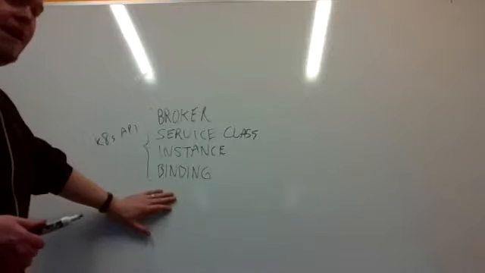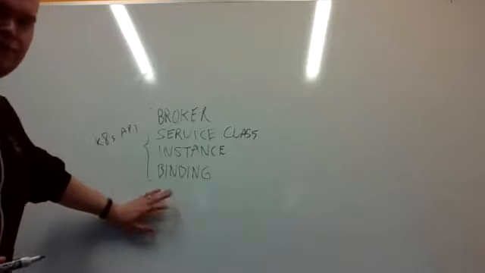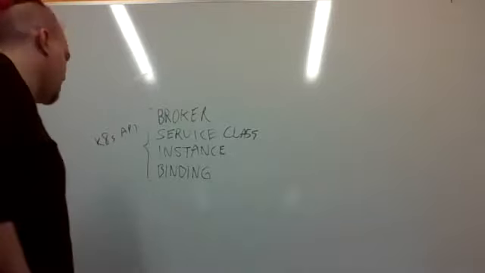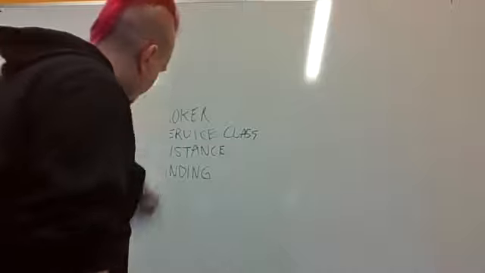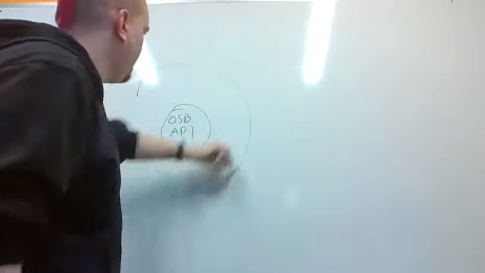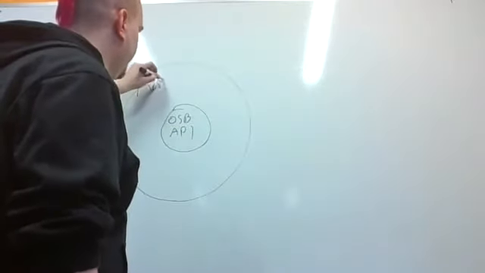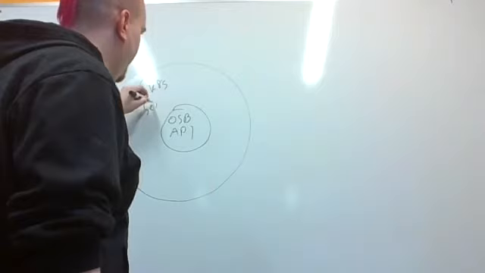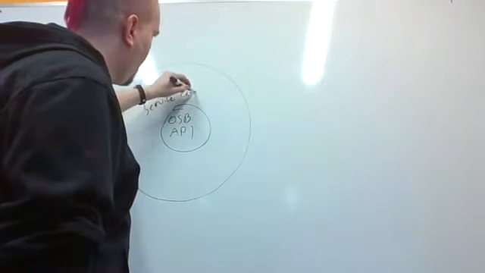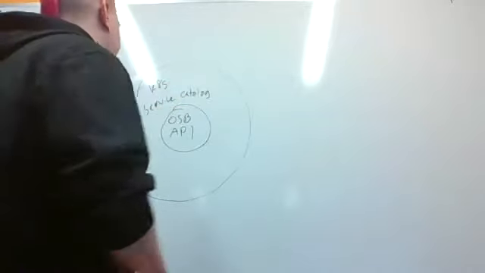So the API that we're discussing right now is really a Kubernetes style wrapper on top of Open Service Broker API. To just draw that, here's Open Service Broker API. Around this is our Kubernetes Service Catalog API.